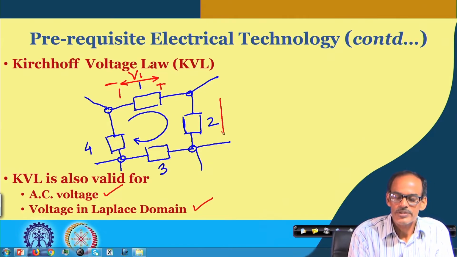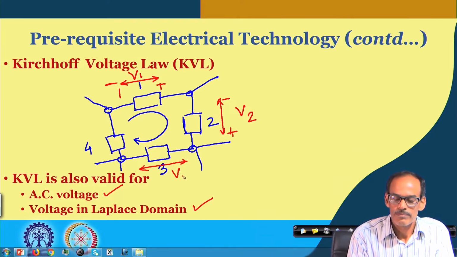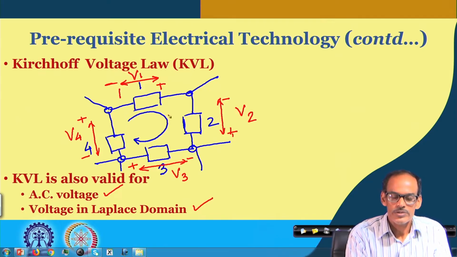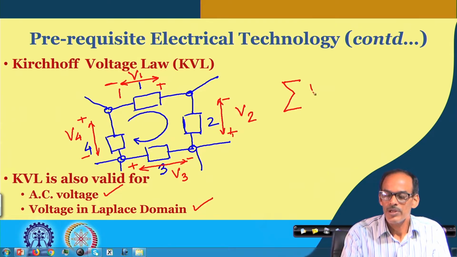Likewise, if this is positive and this is negative, call this the potential drop V 2. Likewise consider V 3, which has the positive side here and the negative side here, and so on. Then KVL suggests that the summation of all these potential drops across each of the elements forming this loop, namely all these V i's together, equals 0.